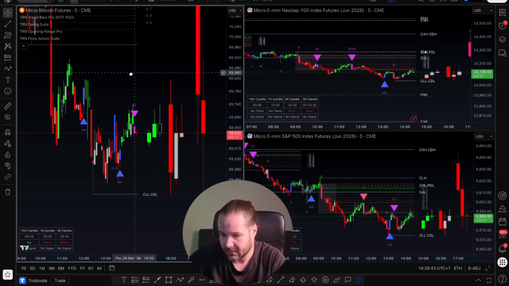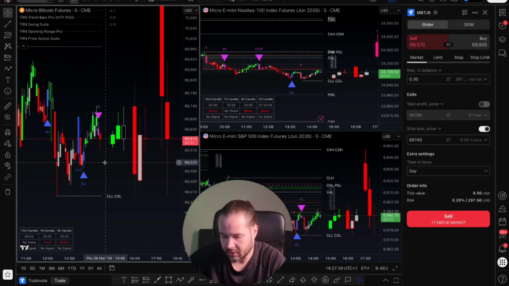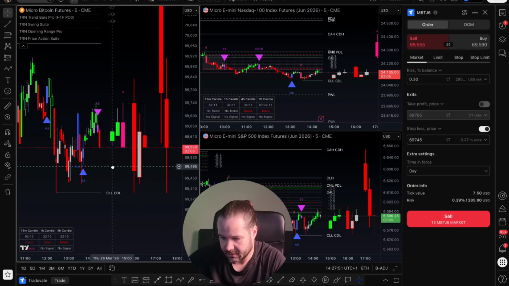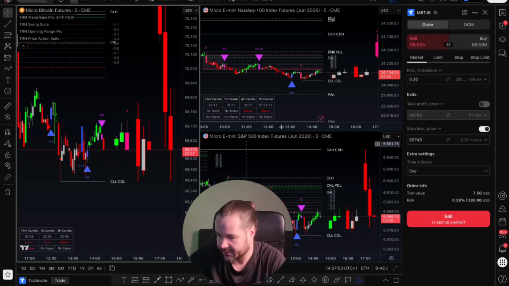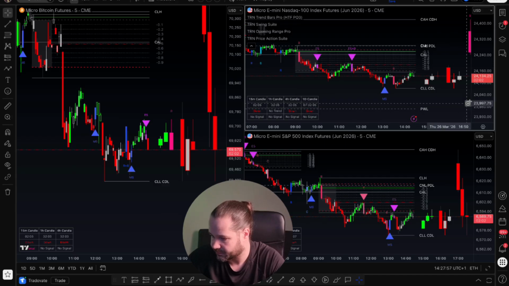But okay, I will give it a try. If I get an entry here. I know we already went too low, so yeah, you see the volatility is coming in. We have still some minutes left, but I would have had to enter it right here at the candle close after this signal bar here. So this will not be my trade. Let's have a look on the other assets.